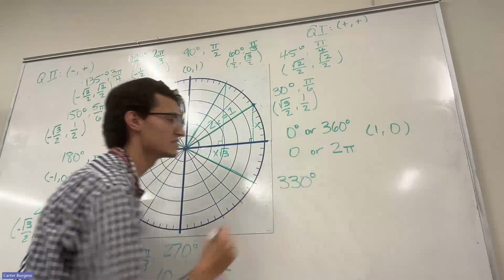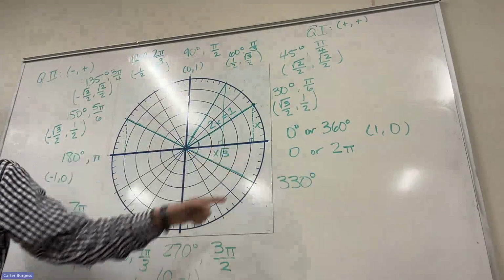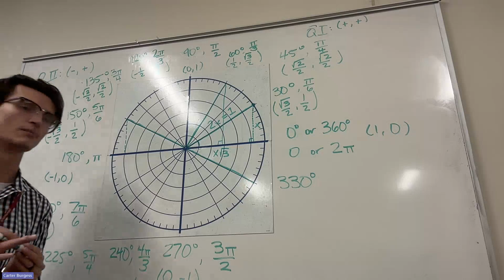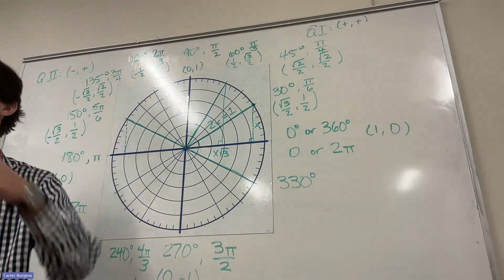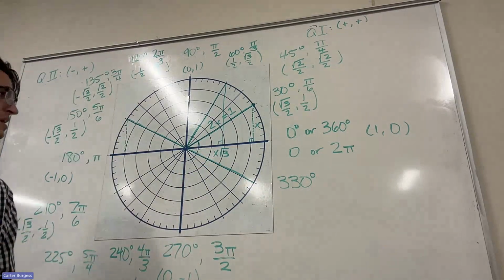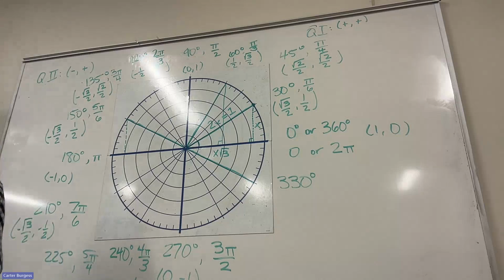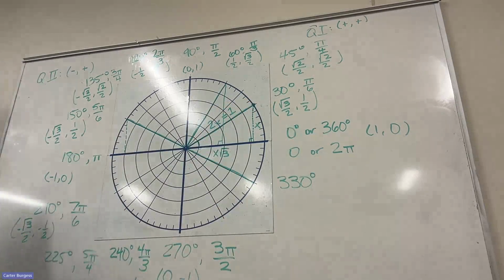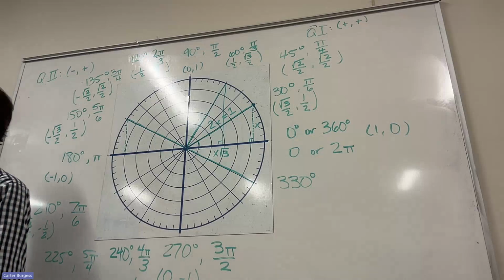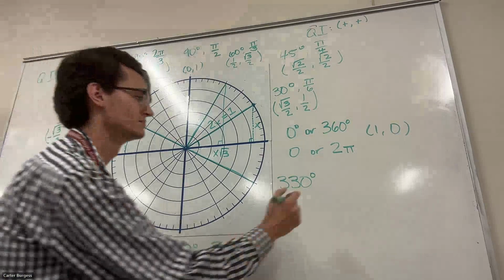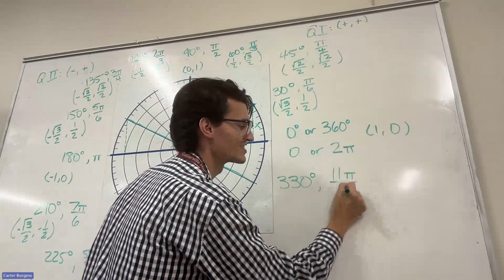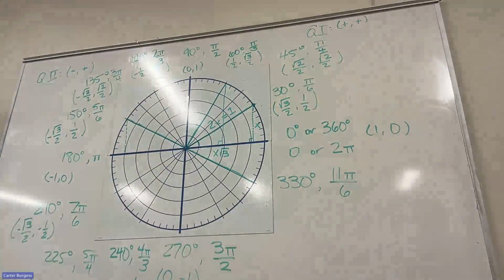You'll notice for each of these that I'm starting close to the x-axis and then working my way out. You can do that if you want to. I do not mind. It's just kind of keeping me centered. We're talking about the same reference angle first. Okay. And then in terms of pi over 6, what is almost 2 pi? 11 pi over 6.